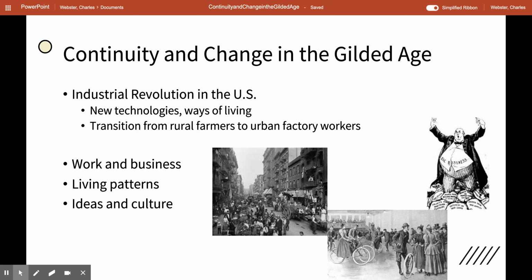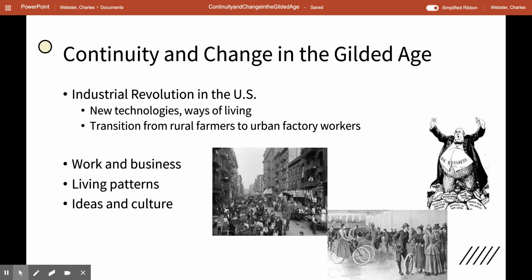Steel, electricity, and the telephone allowed railroads to crisscross the country, skyscrapers to rise out of cities, factories were able to hum along long after the sun had set, and business transactions were able to take place instantly over hundreds of miles. This was the time when the United States began its transition from a nation of rural farmers to a nation of city dwelling factory workers.